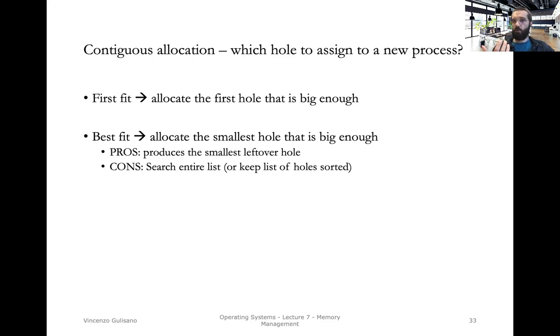The good thing is that this algorithm produces the smallest leftover hole. But of course you need to search now, and searching will take more than just taking the first element. So going back to the pros, you don't waste a big hole to put a process that is actually small.